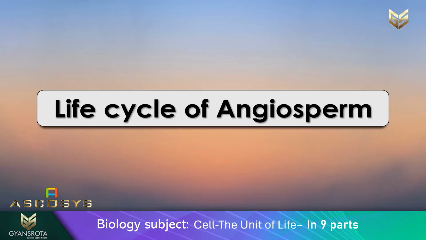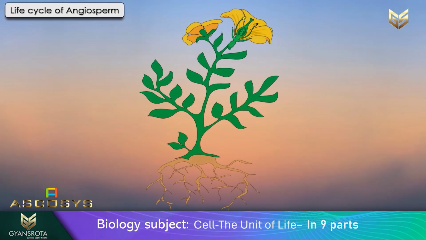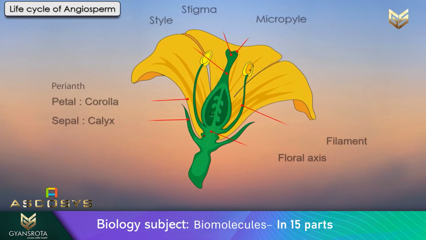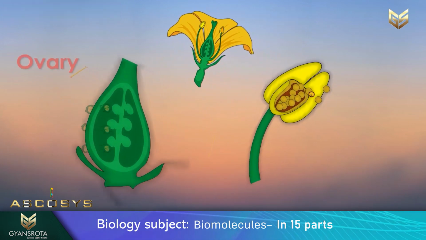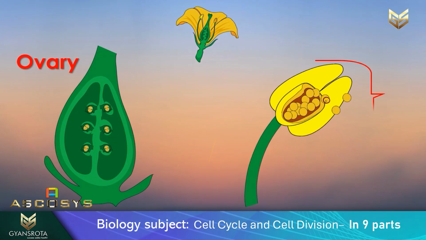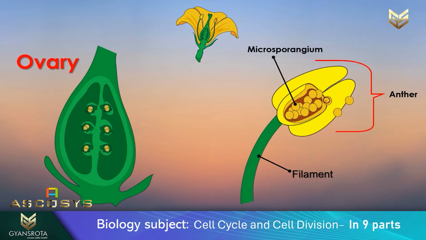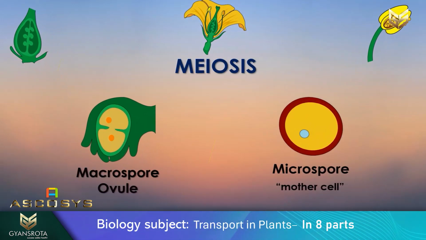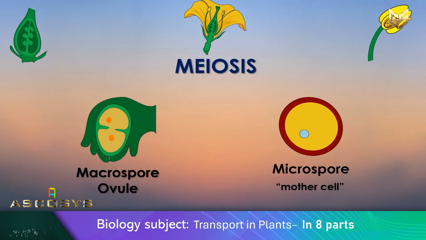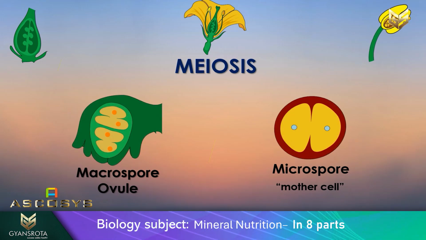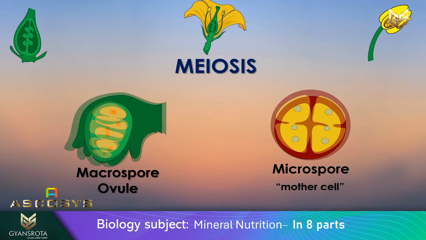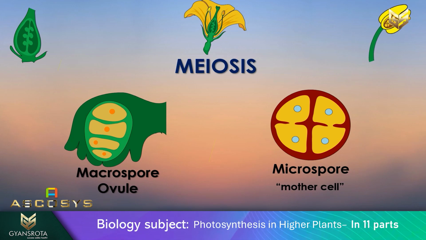Now let's see the life cycle of this angiosperm. The plant body is known as the sporophyte. It produces two kinds of gametophyte, the male gametophyte and the female gametophyte. The male side gives rise to the microsporangium and the female side gives rise to megaspore mother cells.